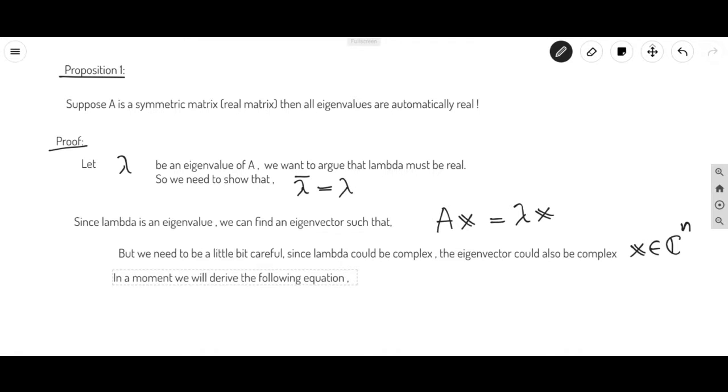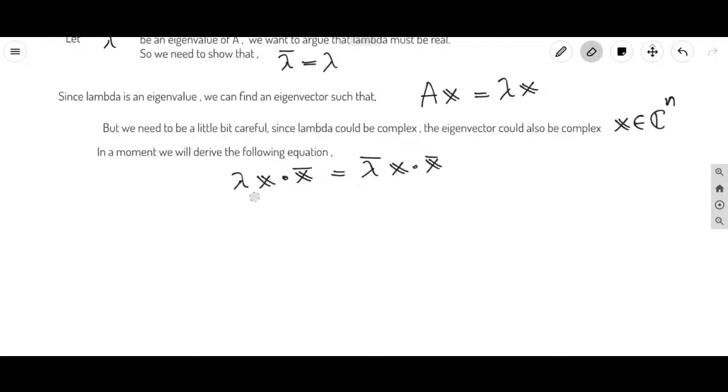The equation is that lambda x dot product x conjugate is going to be the same thing as lambda bar x dot product x conjugate. That's what we're going to show. We're going to show that the following equation will have to be satisfied.